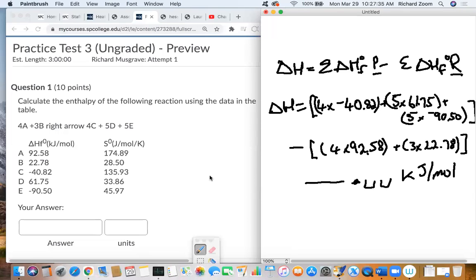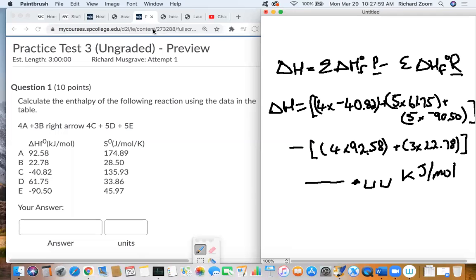All right, how are we feeling about that? So negative 40.82, is it like a positive? No. I don't understand that question. Is it when it says 4 times negative 40.82, do we just do a positive?